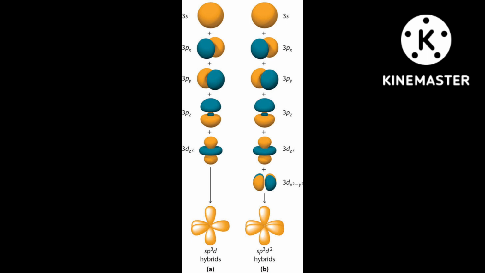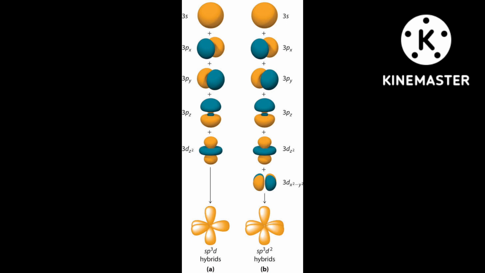Applying the VSEPR theory, the geometry of such molecules will be pyramidal. Ammonia has a pyramidal structure. Already I have given this structure in the last video.